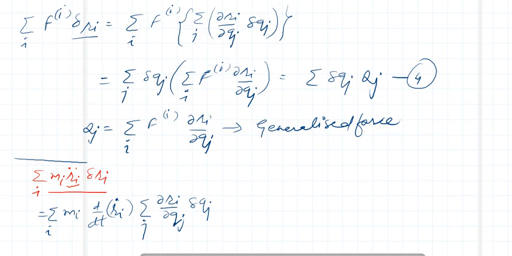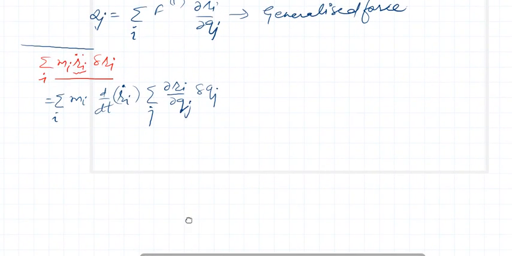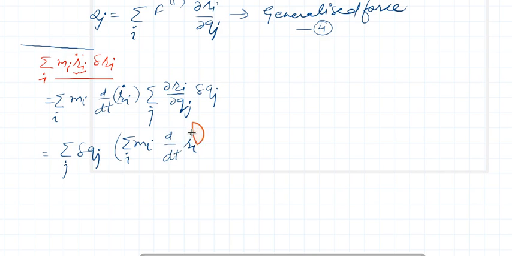Let me rearrange it a little more. Taking this outside, it is summation over j delta qj into mi summation over i of d by dt ri dot and curly ri over curly qj.